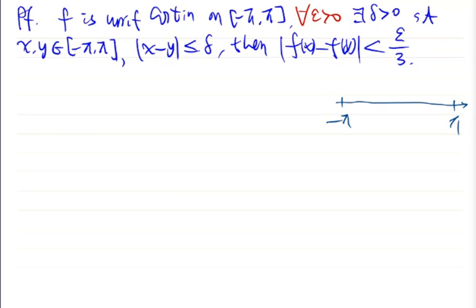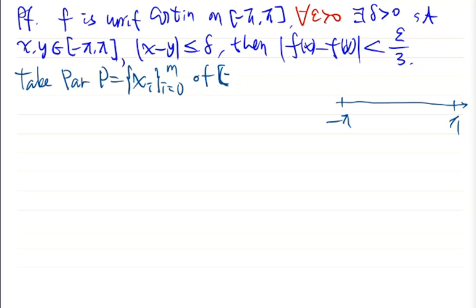Then we take a partition of the interval. Take partition P, x_i, i from 0 to m, of this interval [-pi, pi]. Take a partition such that the length of every subinterval is not greater than delta.